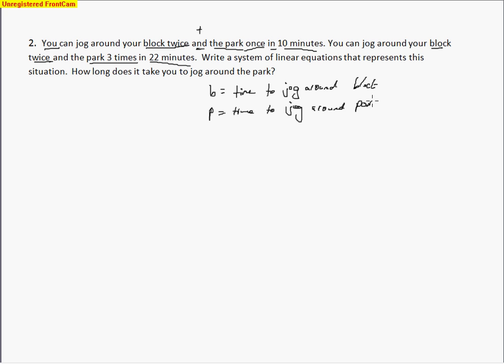Again, you should always define your variables so you know what you're solving for at the end, otherwise you're not going to know. And these are in minutes too. It's always nice to know what units we're in and make sure they're all the same. So 22 minutes, 10 minutes, yes, everything's the same.